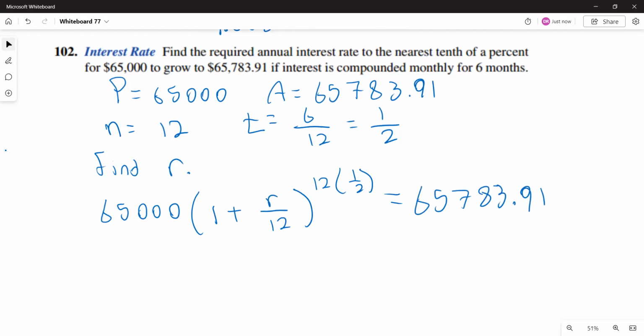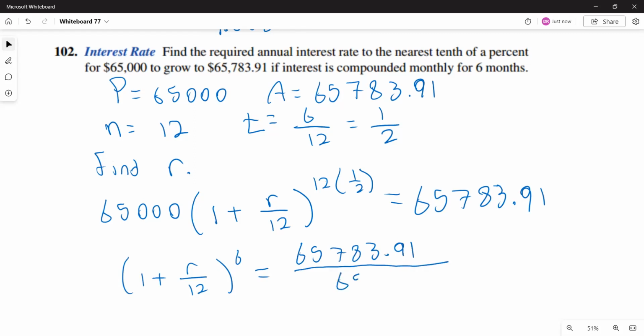Well, 12 times 1/2 is going to be 6. So let's divide: 1 plus r over 12 to the 6th power is $65,783.91 divided by 65,000.